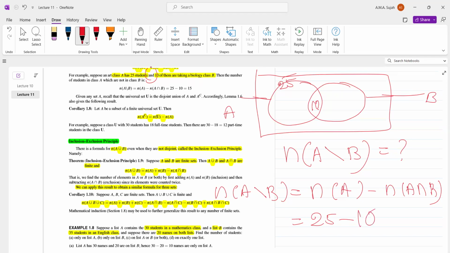There is a set A with 25 students, and among them 10 students are taking the biology subject as well. So the number of A is 25 minus the common 10, who are taking both the art class and the biology class. So A minus B is 15 students. This is the answer.